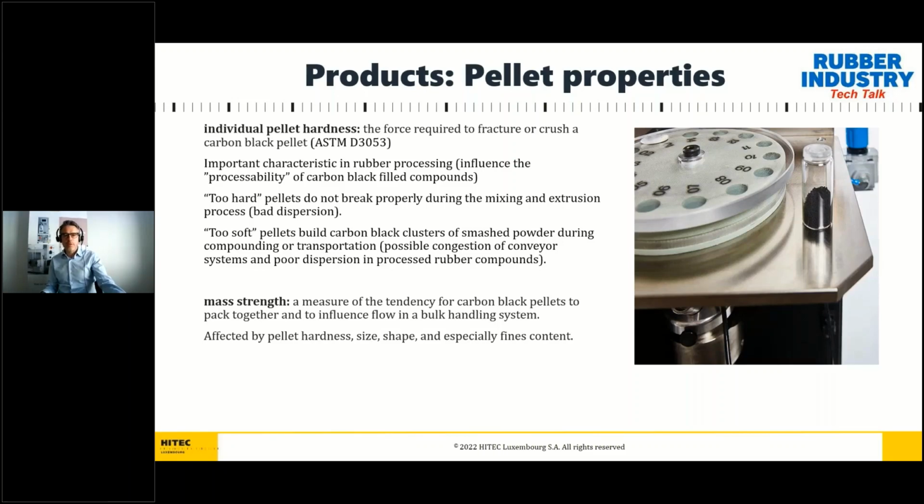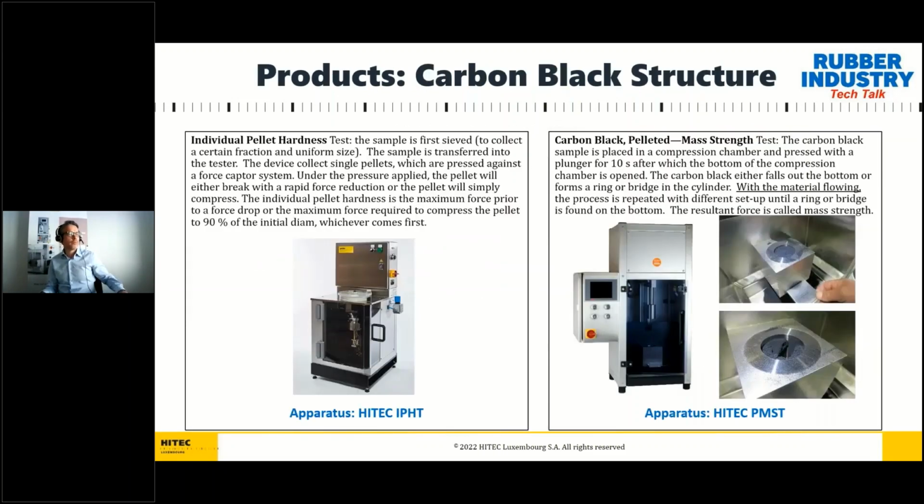When you look at the specific test method to measure the pellet hardness, the sample needs to be first sieved to collect a certain fraction of uniform size, say between 1.4 and 1.9 millimeters. The sample is then transferred into the tester, and the tester collects each single pellet, and each single pellet is pressed against a force capture system.